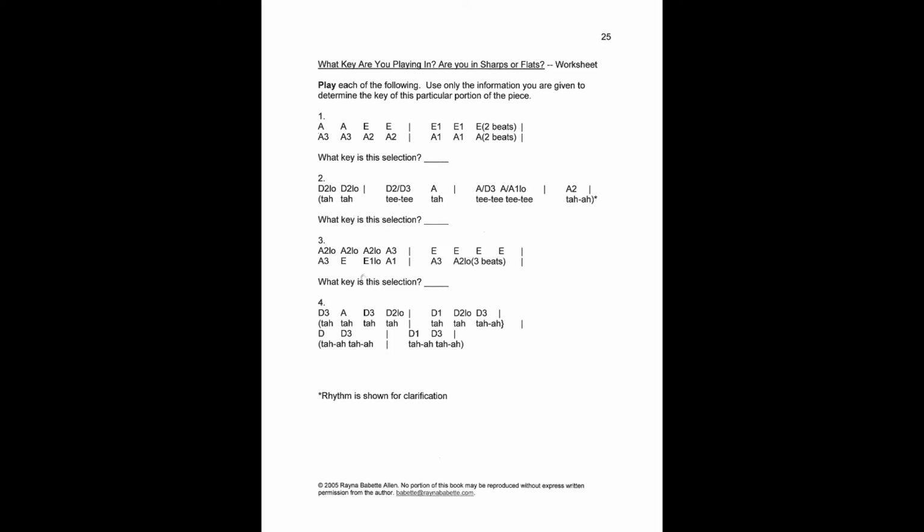Okay, this one's a little tricky because some of the clues we immediately look for are not here. For example, there is no first finger on the E string. And what we really need to determine first is if this is a sharp key, C natural, or a flat key. Do you remember the second finger position we looked at when we were determining if it was a sharp key?